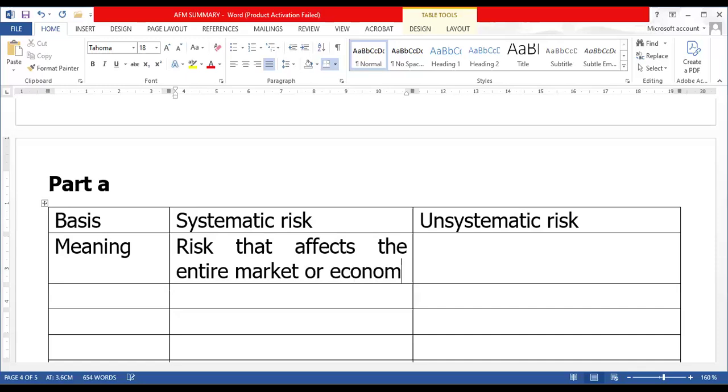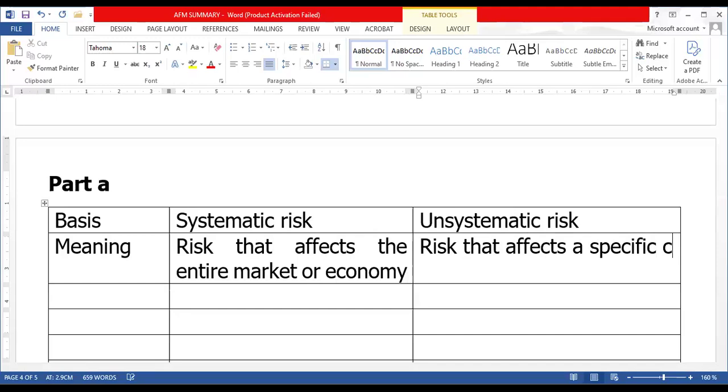Unsystematic risk is a risk that affects a specific company.